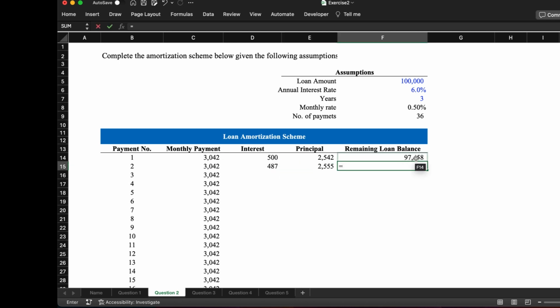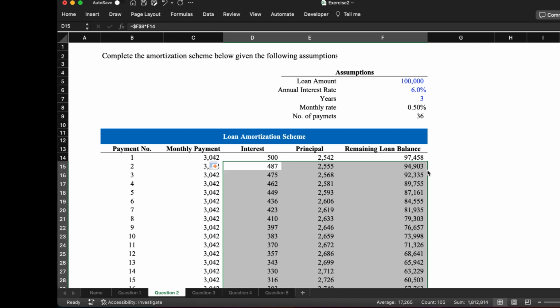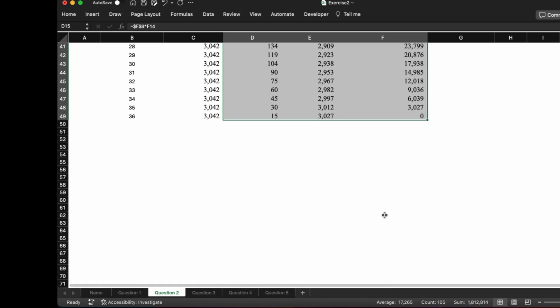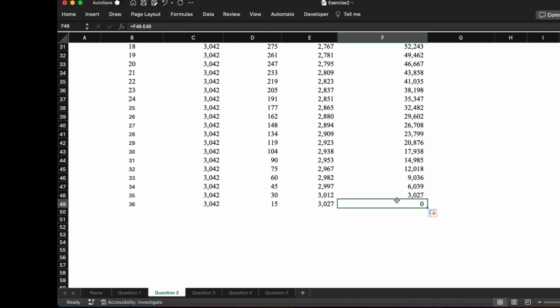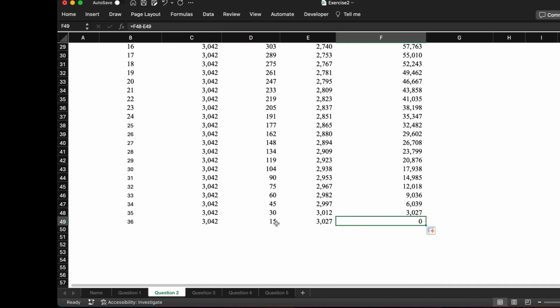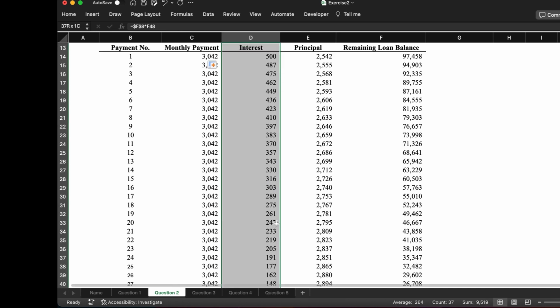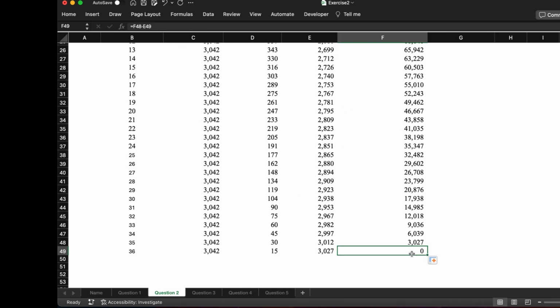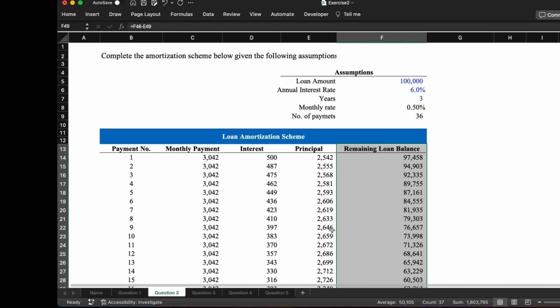And the remaining balance is just the previous balance less the principal payment. So from here we can select the 3 and drag them down. So we see that at the last payment, the remaining balance is 0, which confirms that our result is right. And as interest reduces, principal payment increases.